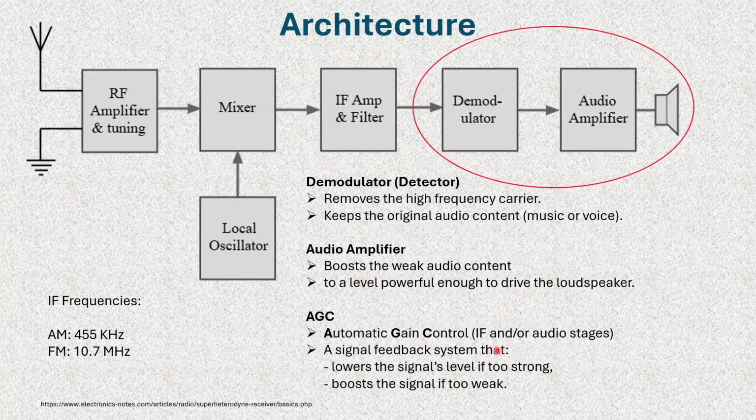Right. Now here's the demodulator, the detector. It removes the high frequency carrier, so it just strips off the carrier and keeps the audio signal. So from that point, we have the audio signal, somebody talking into the microphone or music playing. We don't need the carrier anymore. We just needed it to carry the intelligence.